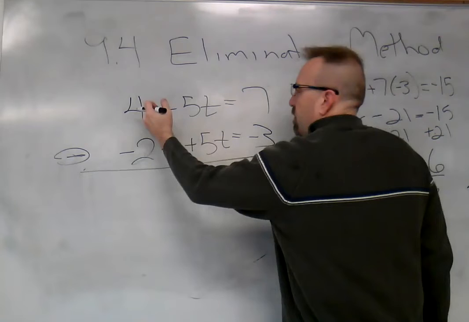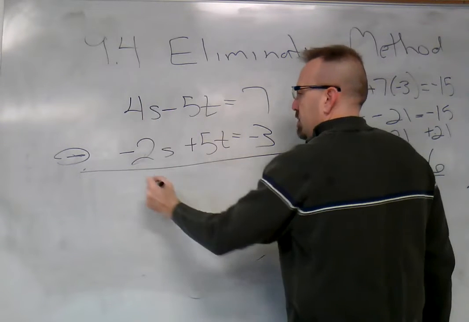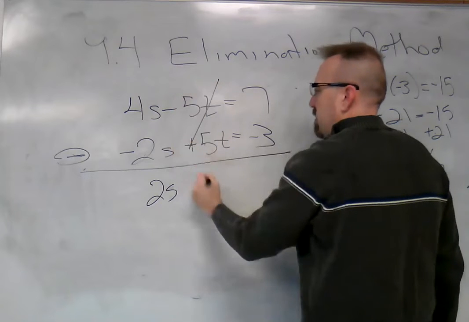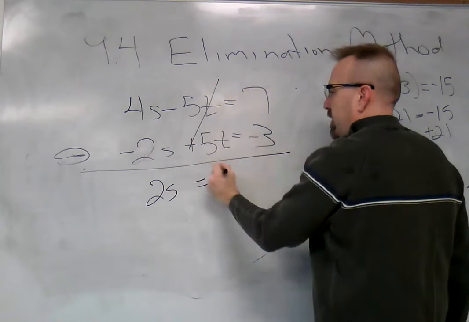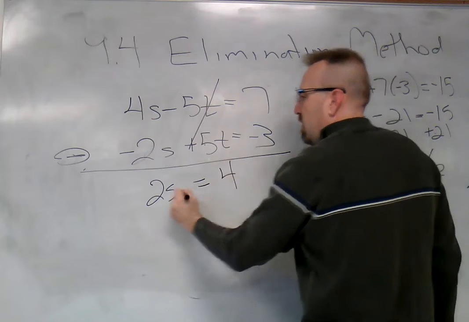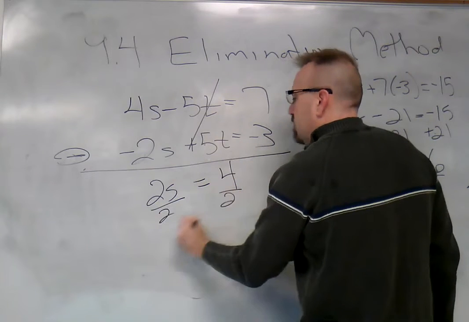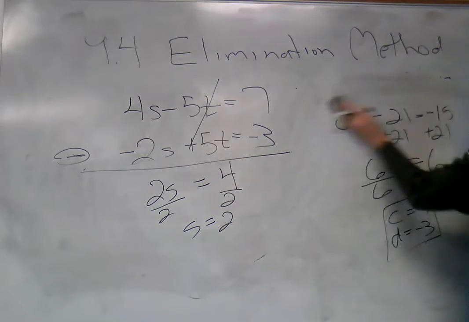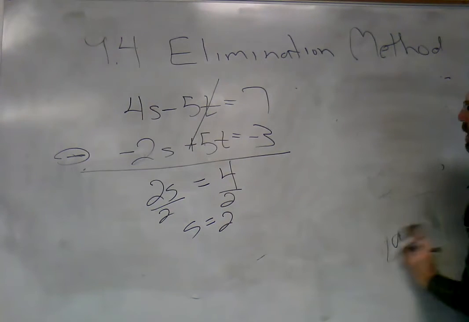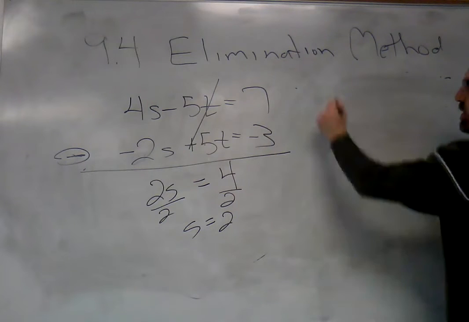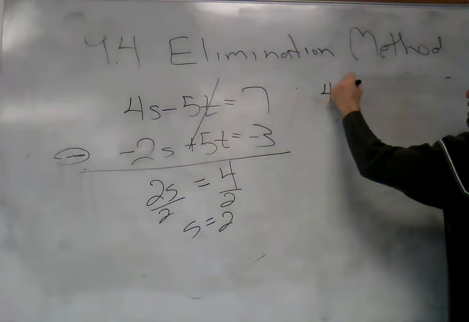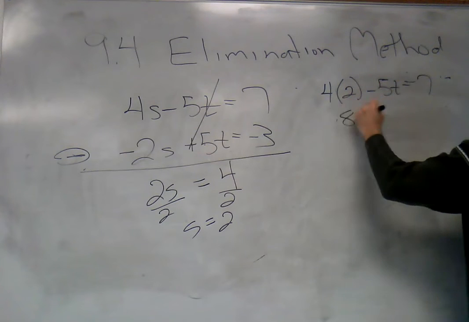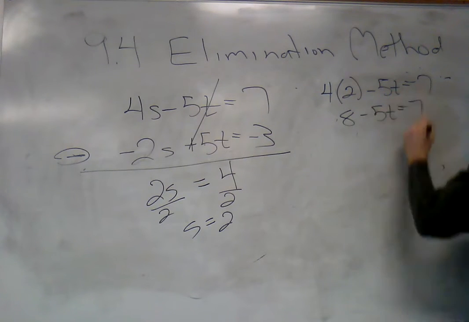So now 4s minus 2s is 2s. 5t minus 5t cancels, eliminates. That's what we want. 7 minus 3 is 4. Divide by 2. So s equals 2. Now, in either equation, it does not matter which. 4 times 2 minus 5t equals 7. 8 minus 5t equals 7.